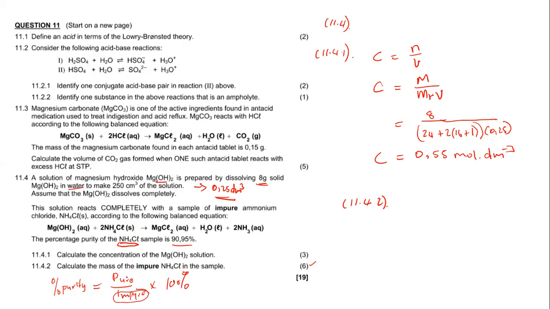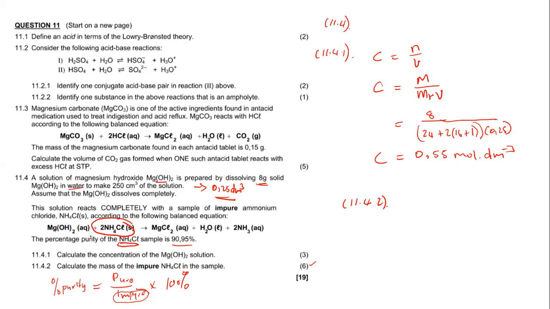So we need the pure mass. How are you going to get the pure mass of ammonium chloride? In this chemical reaction, the only thing that can react with magnesium hydroxide from the reactant side is the pure ammonium chloride. The other things that are with it are not going to react with magnesium hydroxide.